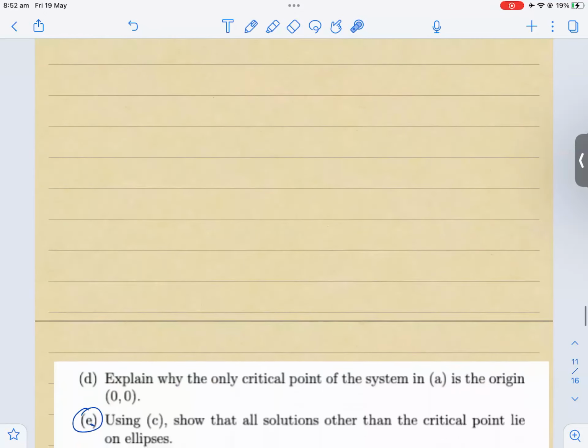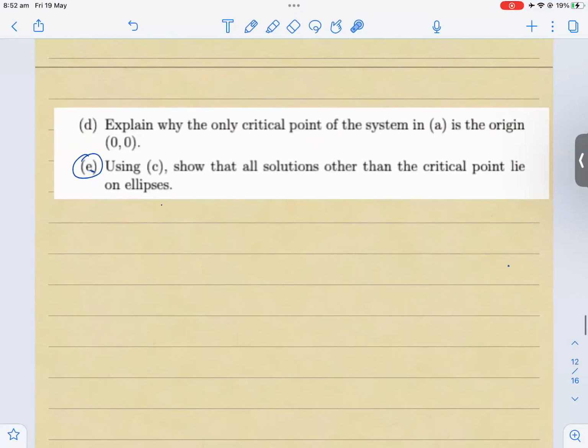All right. Part D. Part D. It's obvious. Part E.